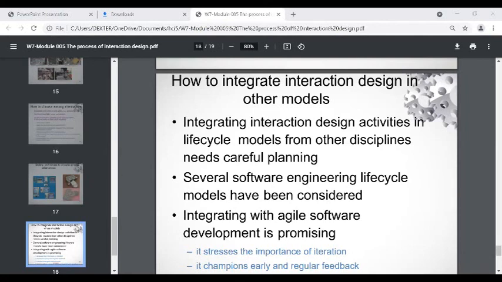This manifesto is underpinned by a series of principles which range from communication with the business to excellence of coding and maximizing the amount of work done. The agile approach to development is particularly interesting from the point of view of interaction design because it incorporates tight iteration, feedback, and collaboration with the customer.